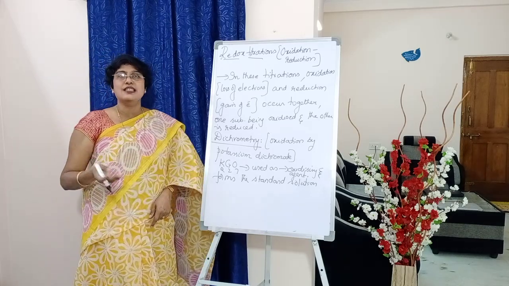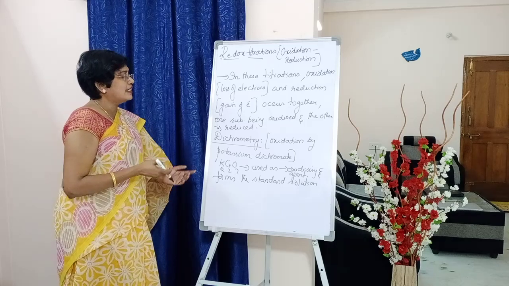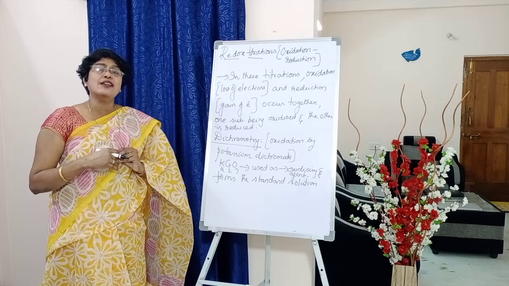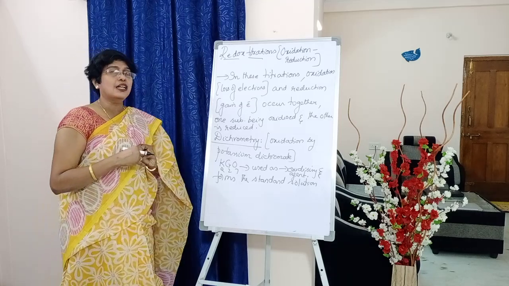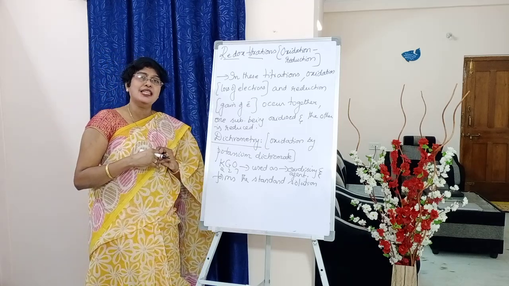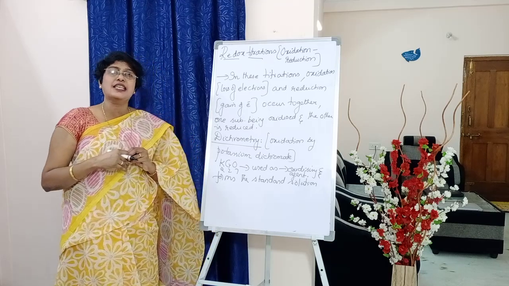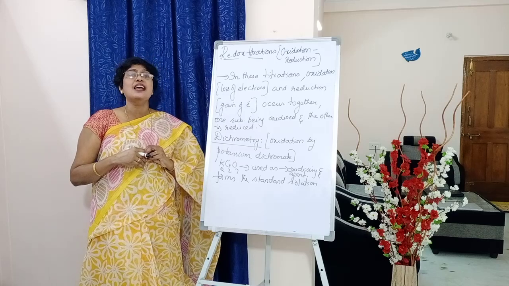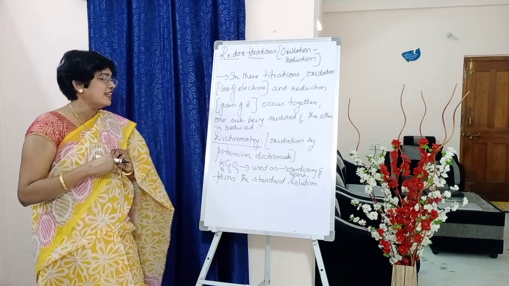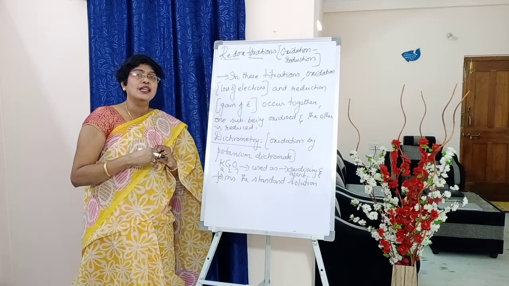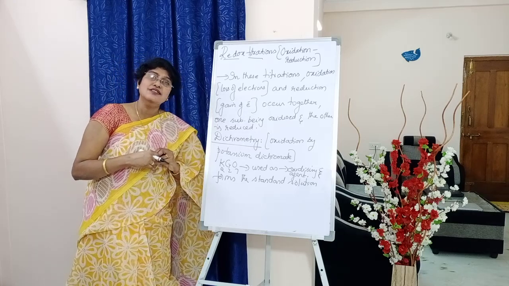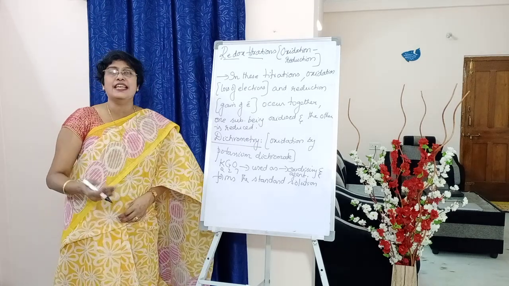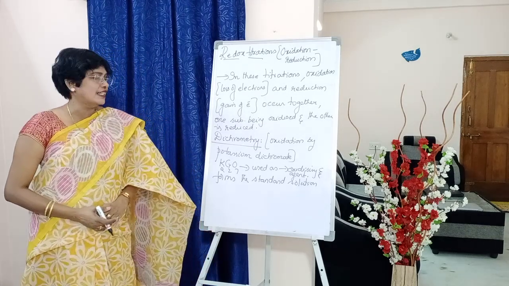You know what oxidation is, what reduction is, and under which we have dichrometric titration, students. In dichrometric titrations, we observe oxidation by potassium dichromate, whose formula is K2Cr2O7. That means K2Cr2O7 acts as the oxidizing agent. Also in dichrometric titrations, this K2Cr2O7 forms the standard solution.